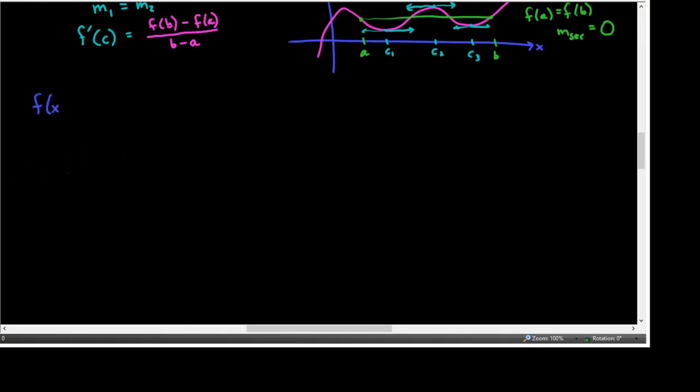If f of x is equal to 5 minus 4 divided by x, find all values of c in the open interval 1 to 4, such that f prime of c is equal to f of 4 minus f of 1 divided by 4 minus 1.